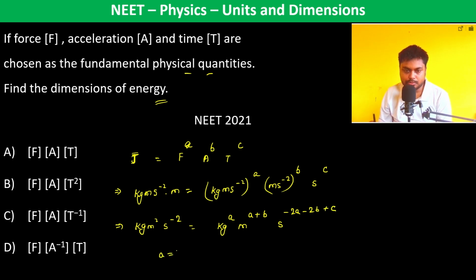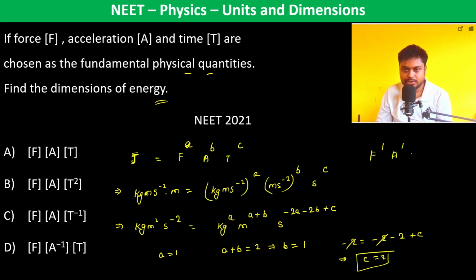So a is going to be 1, a plus b becomes 2, so therefore b also is going to be 1, and minus 2 should be equal to minus 2a, which is minus 2, minus 2b, which is again minus 2, plus c. So c is going to be 2. So F to the power 1, a to the power 1, t to the power 2. So F a t square. Okay, so that's going to be the answer.